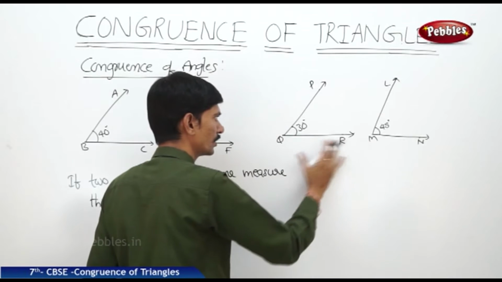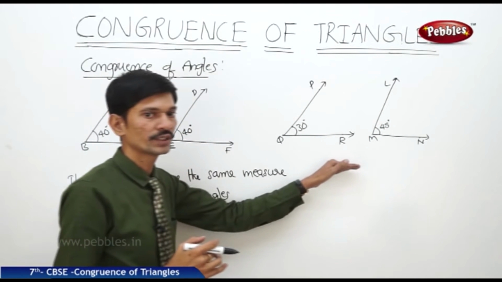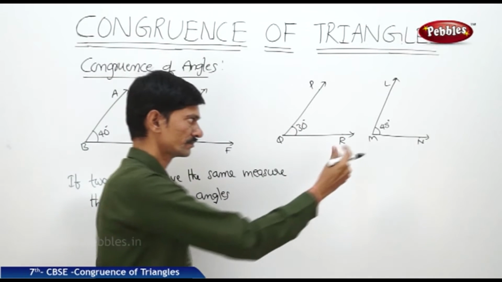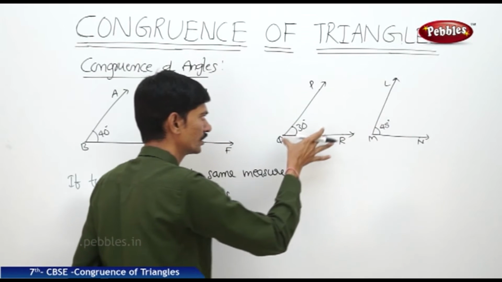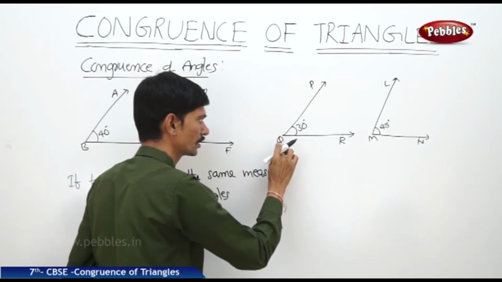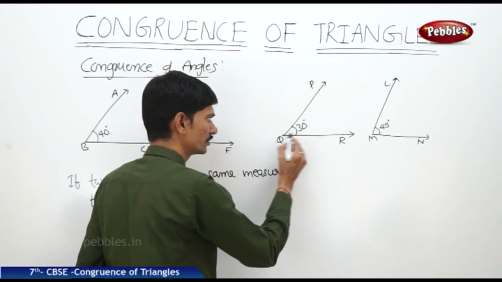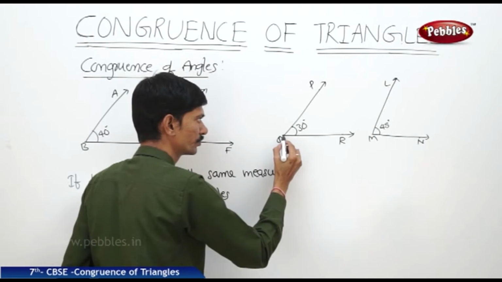Here also we apply the same method of superposition: take the trace copy of the second angle and place it over the first angle, such that the two vertices Q and M coincide with each other, and the MN ray falls exactly on the QR ray.